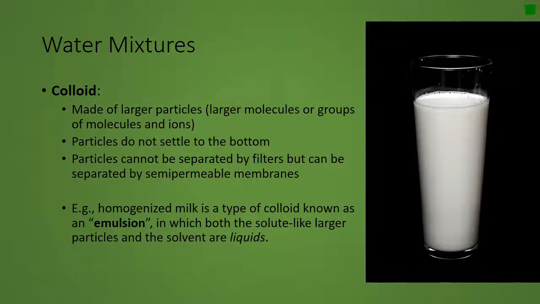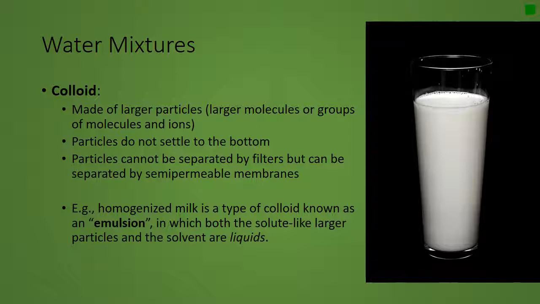We contrast this with colloids. Again, in a colloid, we're still talking about water as the solvent, so it's still aqueous, but the solute molecules are larger molecules, or small groups even of molecules and ions.